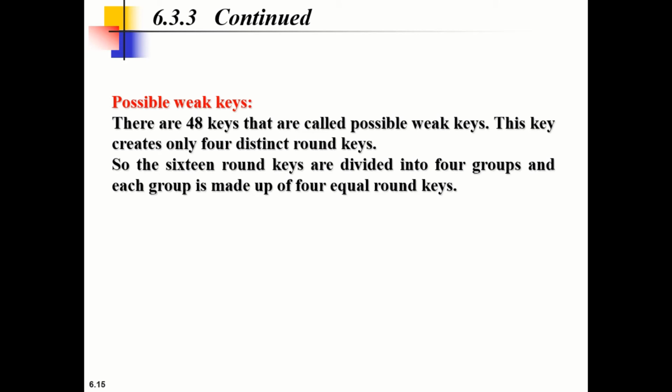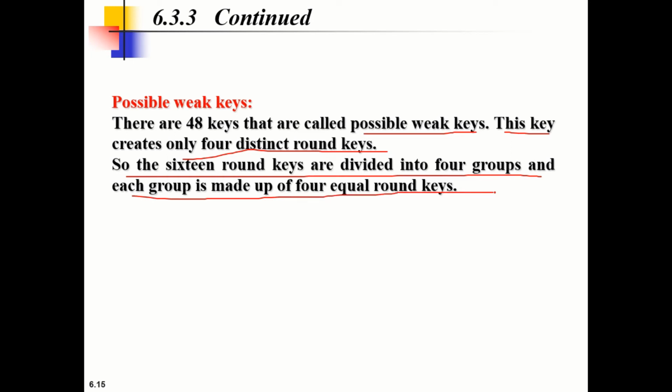Then comes the possible weak keys. So there are 48 keys which we call possible weak keys. Okay, so this key creates only 4 distinct round keys. So the 16 round keys are divided into 4 groups, and each group is made up of 4 equal round keys.